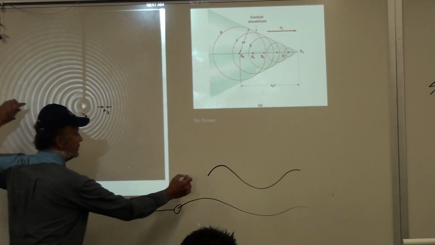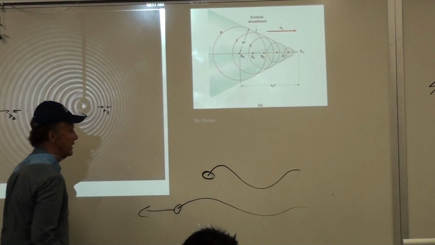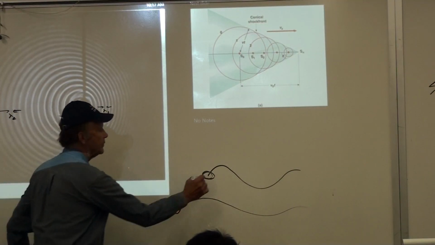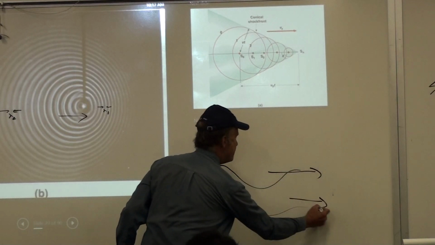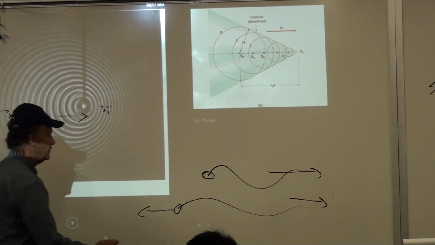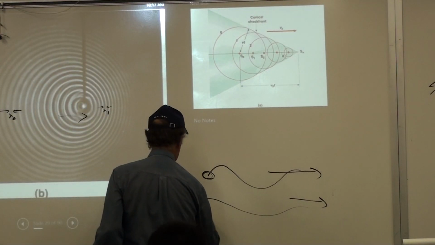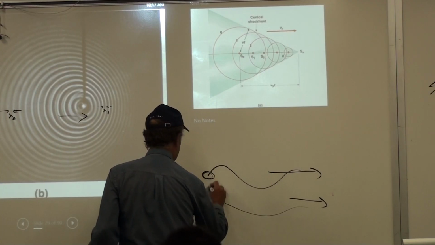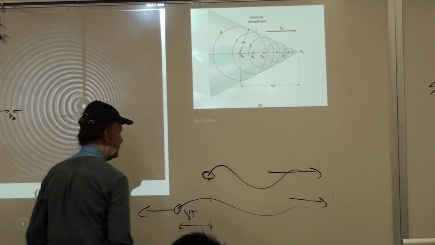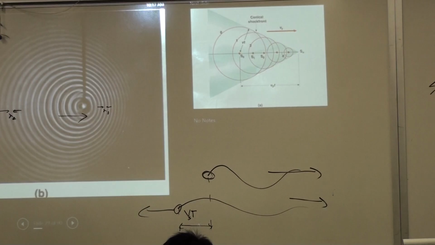So this is when the source is stationary. It's going to produce a wave that looks like that. When it's moving away from the direction of wave motion, then it stretches the wave out, because in this amount of time it's moved by a distance, velocity of the source times the period of the wave. So that's how much the wavelength has been expanded by, the velocity of the source times the period of that wave.